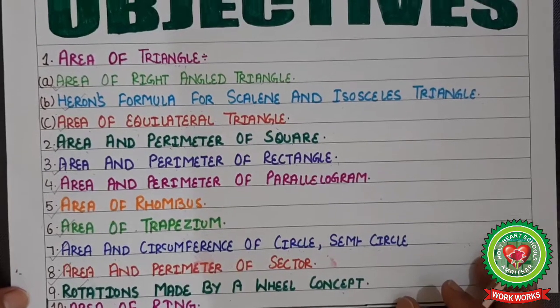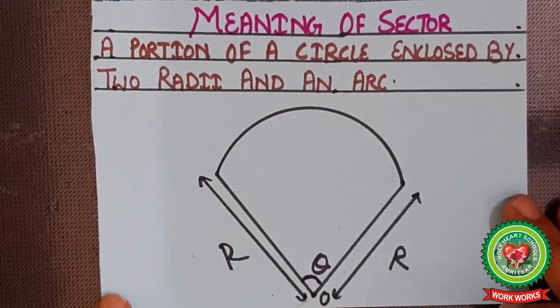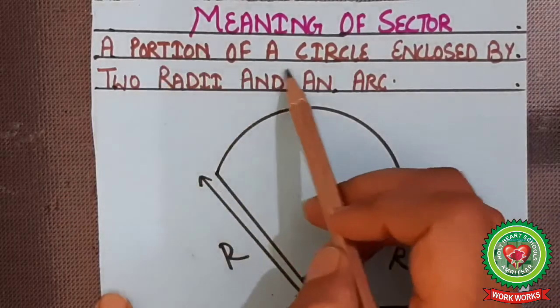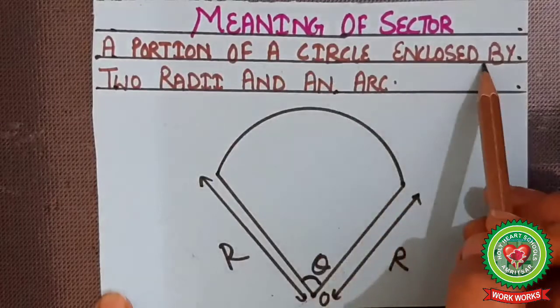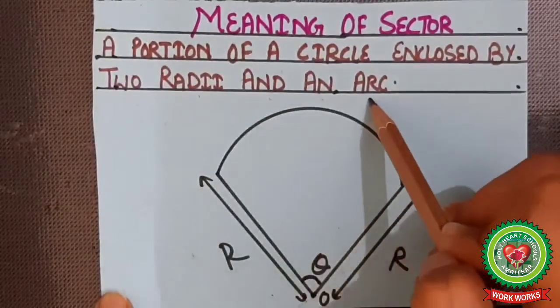So now let's start with the questions. Students, before starting with the question and formula related to sector, first I want to tell you what a sector is. A sector is a portion of a circle enclosed by 2 radii and an arc.